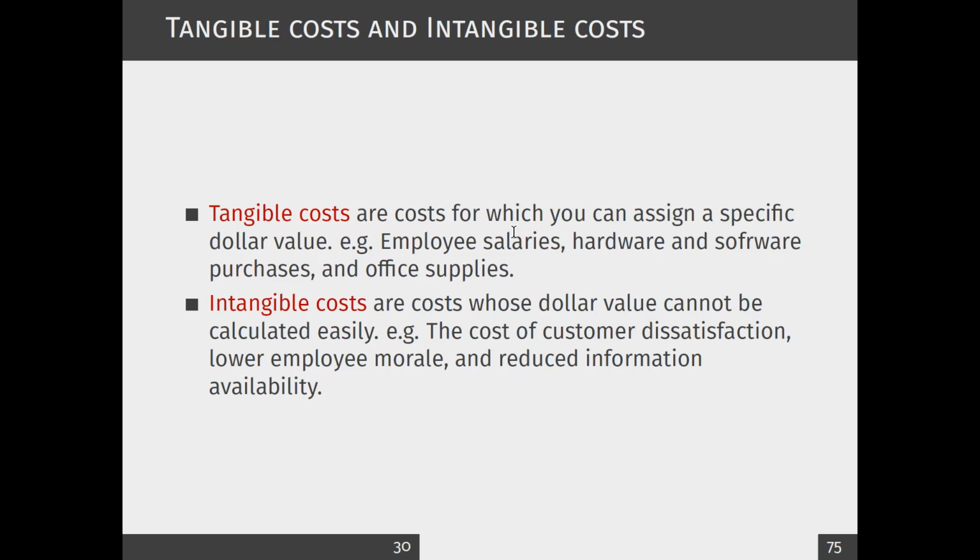For example, employee salaries, hardware, software purchase, and office supplies, such as paper. And then we have intangible costs. You cannot put any monetary value or dollar amount on these. For example, customer dissatisfaction, lower employee morale, reduced information availability. It's very difficult to put a cost on these.